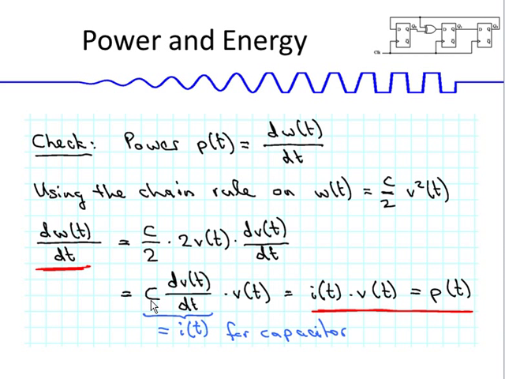And if you rearrange that, it becomes C times dV of t over dt times V of t. So this is the current through the capacitor. This is the voltage across the capacitor. So together, that is the product of current times voltage, which is the power. So that verifies the connection between that energy formula and the power in a capacitor.